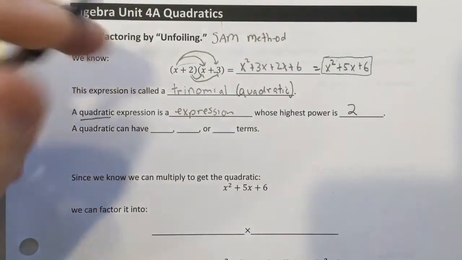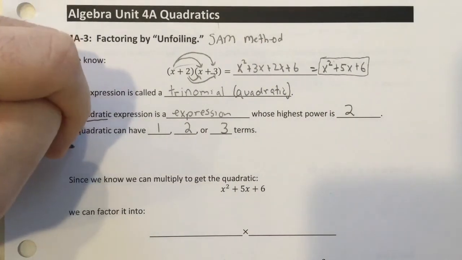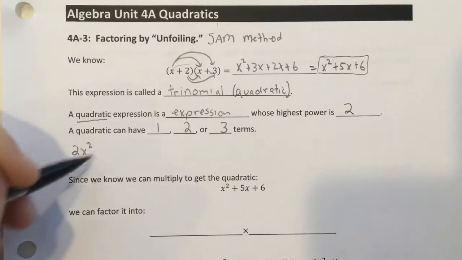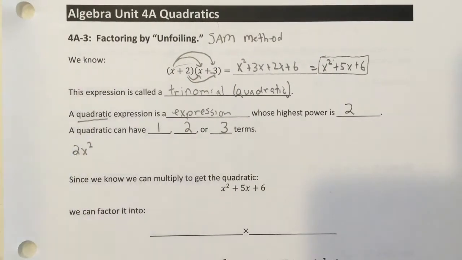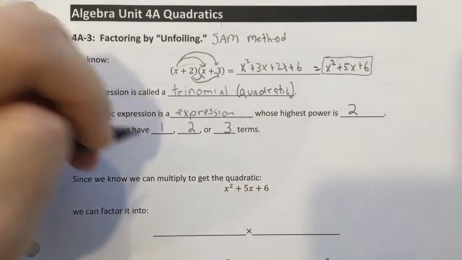A quadratic can have 1, 2, or 3 terms. So a quadratic with 1 term would just be something like 2x squared. Okay, it's 1 term because terms are separated by addition and subtraction, and the highest power of x is 2.